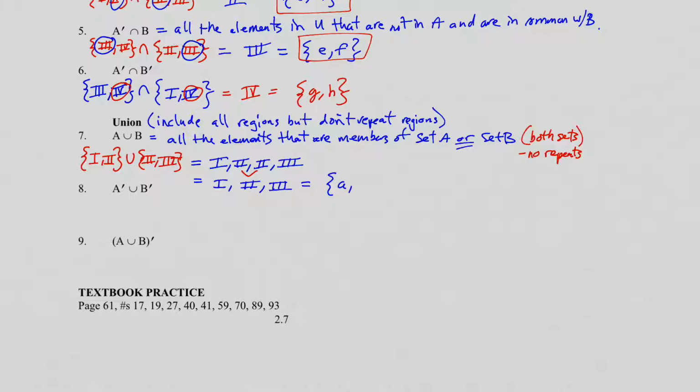So all the regions are here except for region 4. A, B, C, D, E, and F. Okay. So this is called the union. It includes everyone, but it does not repeat anything.